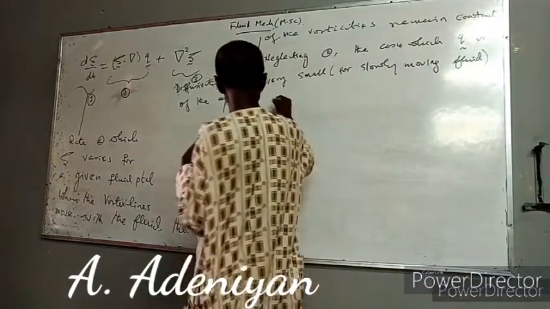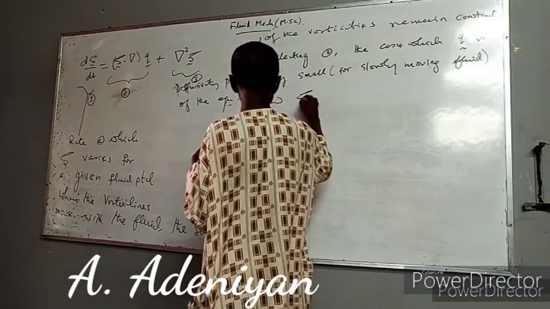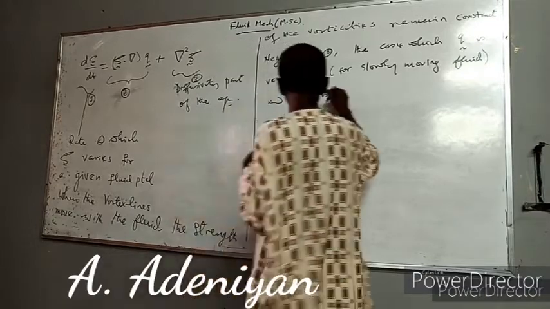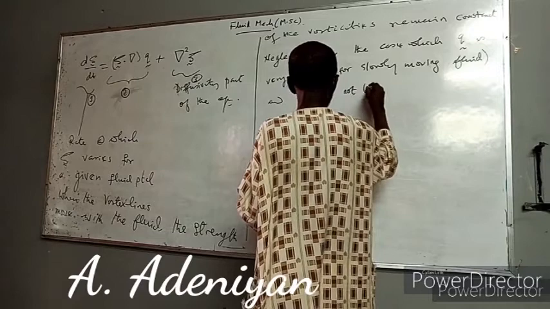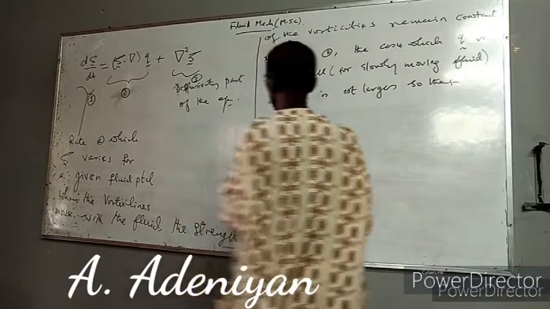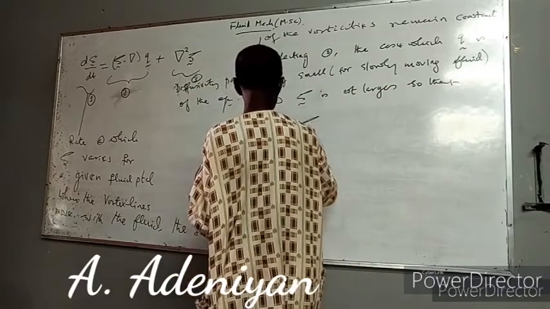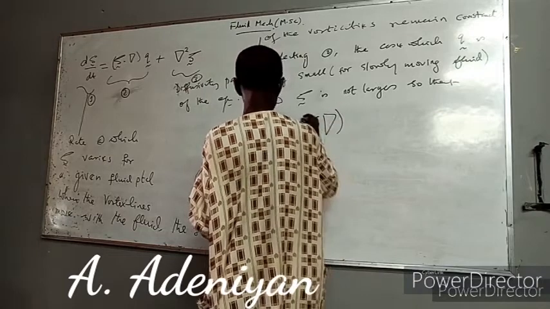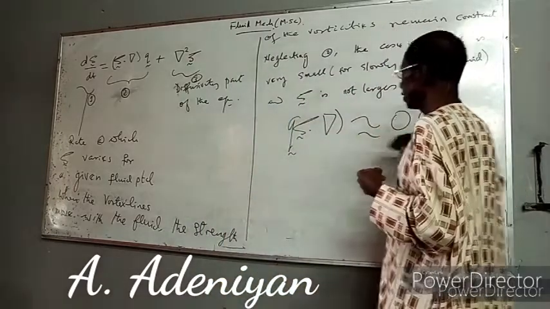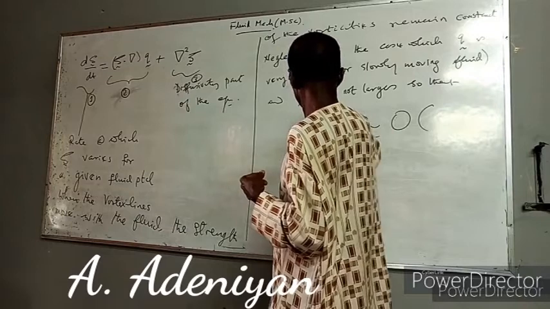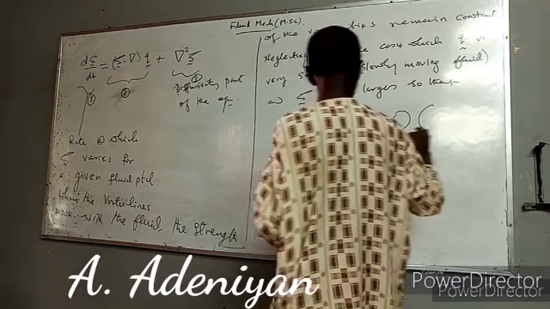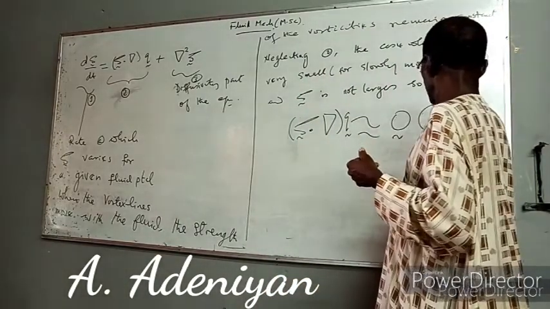And this is not large, so that zeta dot grad q is equal to 0 approximately.